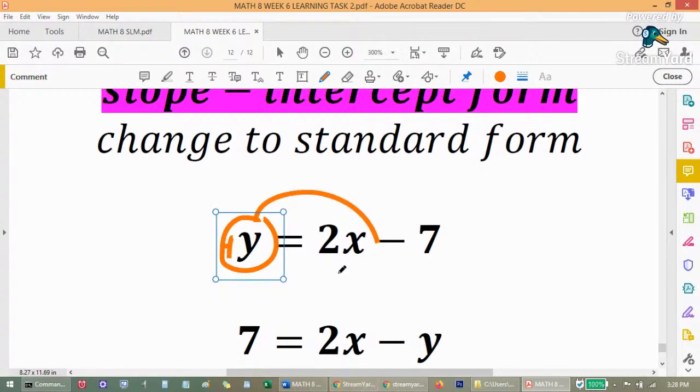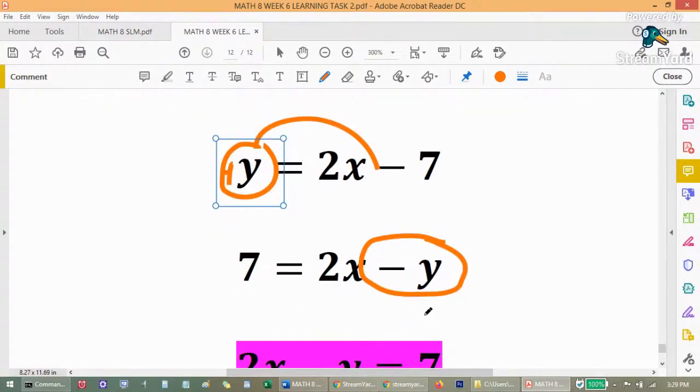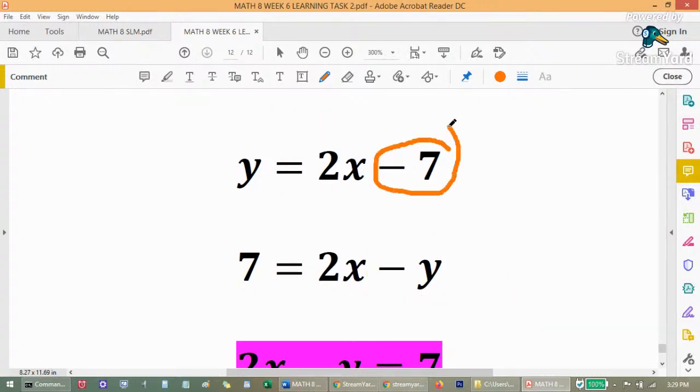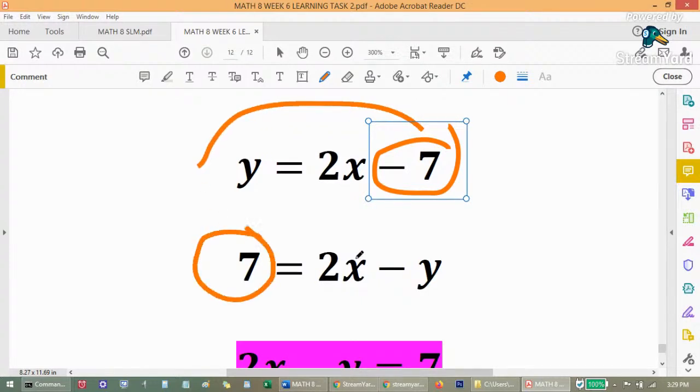Yung positive y ay magiging negative y pag tinranspose natin sa kabila. And then itong negative 7, itatranspose natin sa kabila, magiging positive 7. Yung negative, naging positive.